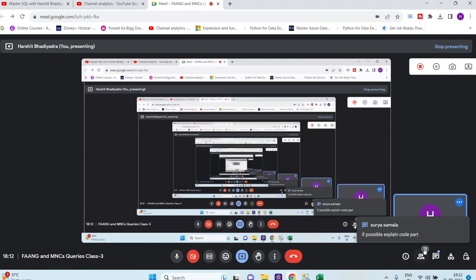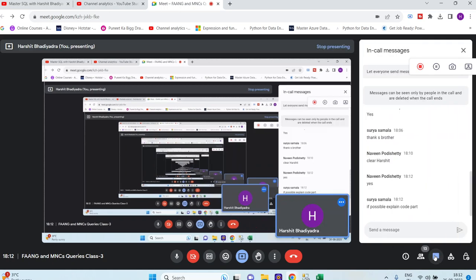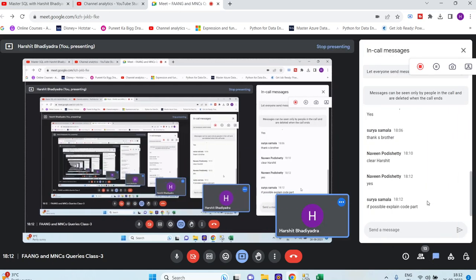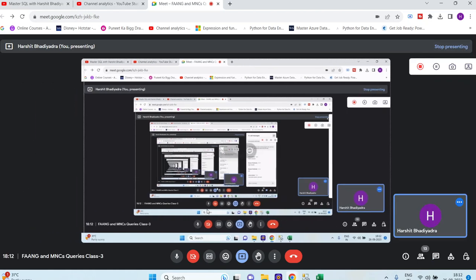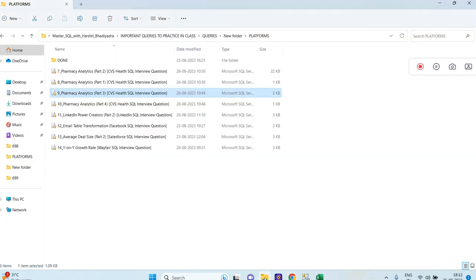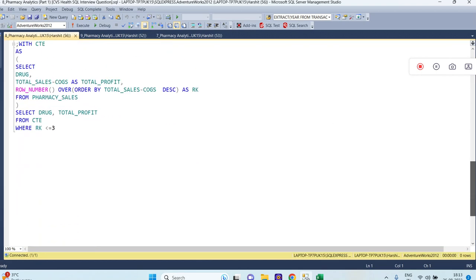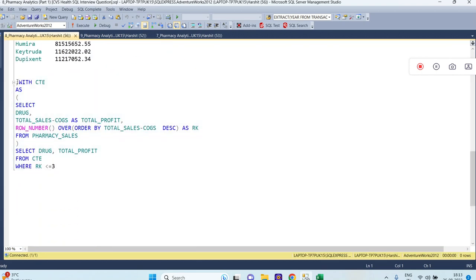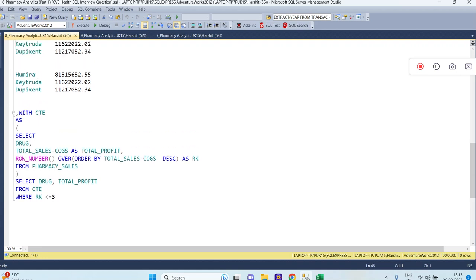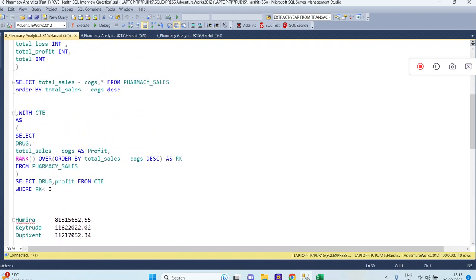That only I have explained over here, the code part only. These are the different ranking functions: row number, rank, dense rank.